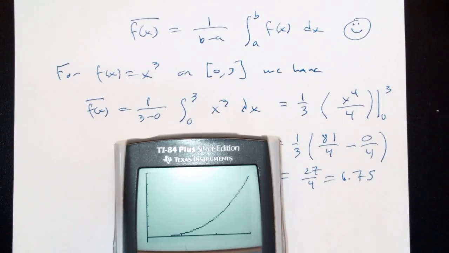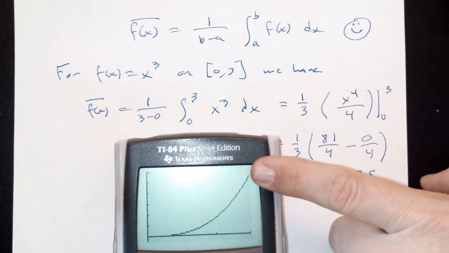That's the picture of this graph. The distribution of the numbers goes all the way up to 27.